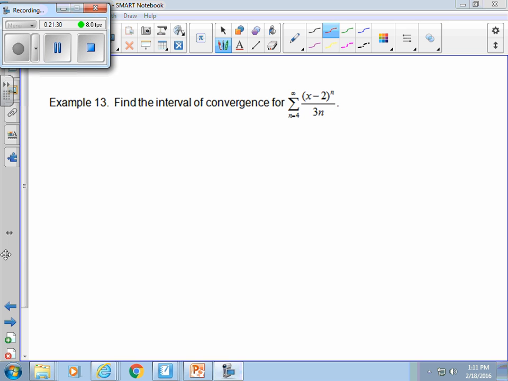All right, find the interval of convergence. Again, what's kind of my go-to test when I'm trying to find the interval of convergence? I've got an x involved. Ratio test. Ratio test is really a good go-to test in general.